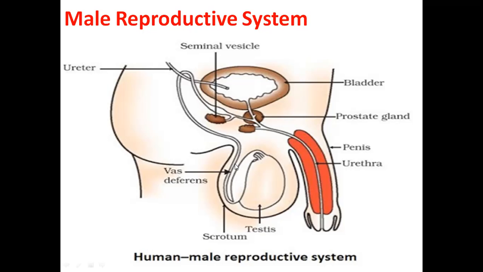Now as the sperm comes out from the vas deferens, this seminal vesicle and prostate gland will release their secretion, so it becomes fluid, or we can say liquid. It comes out through this penis. This is the urethra, and this is the urinary opening through which it is coming out of the body. This is the penis, which is a common part from which it is coming out of the body.